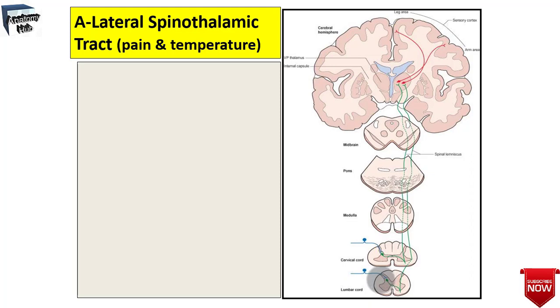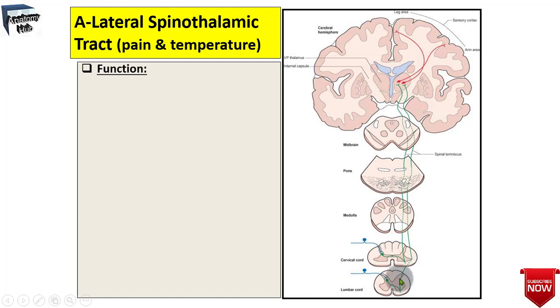And the second order neurons cross via the anterior white commissure and ascend contralaterally in the lateral funiculus of the opposite side of the spinal cord.